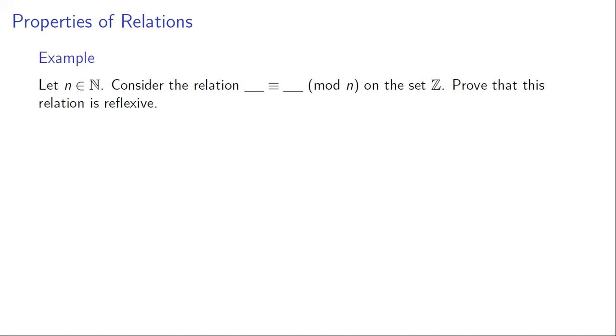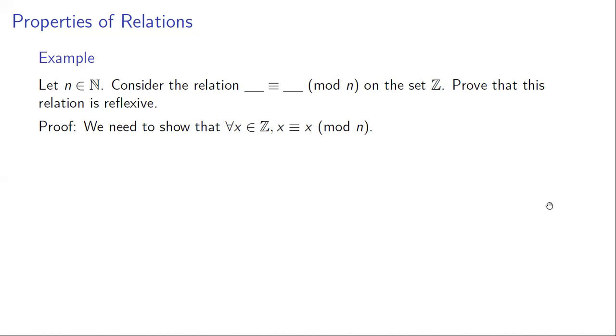Now, let us prove that this relation is a reflexive relation. This seems really abstract, and it is very abstract, but we're going to try to prove that this relation is reflexive. So here's the proof. First, I find it helpful when starting to write a proof to write out clearly what your goal is. What are we trying to do in this proof?